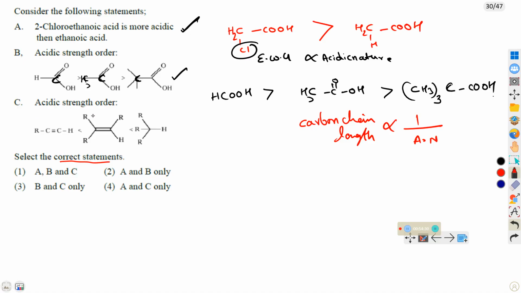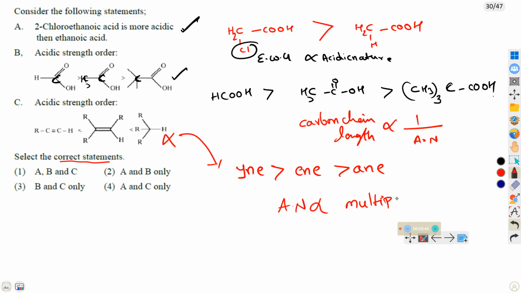Order of acidic strength: this is wrong. The correct order is alkyne is more acidic, after that alkene, finally alkane. That means acidic nature is directly proportional to multiple bonds present between carbon atoms. Based on that, A and B are the only correct statements.